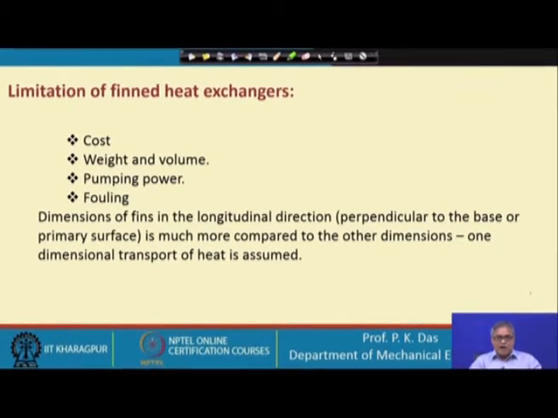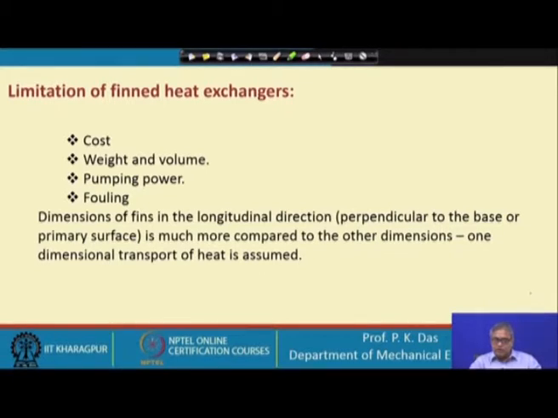For a racing car, for an automobile, we want the automobile moving with a high velocity, we want to have a very efficient heat exchanger by putting a number of fins, we have to be careful, because in all these cases the addition of fins not only increases the volume, but also increases the weight of the moving system, which means more traction power. So, we have to be careful.